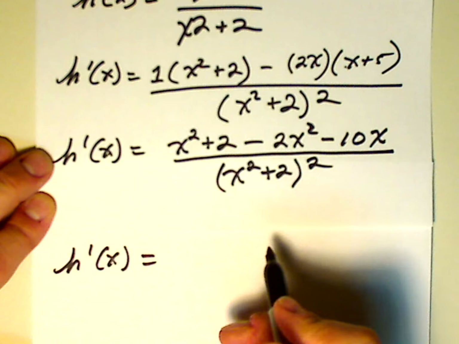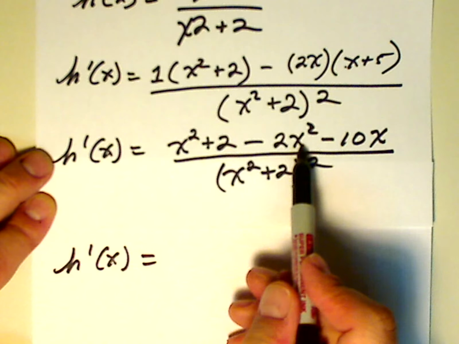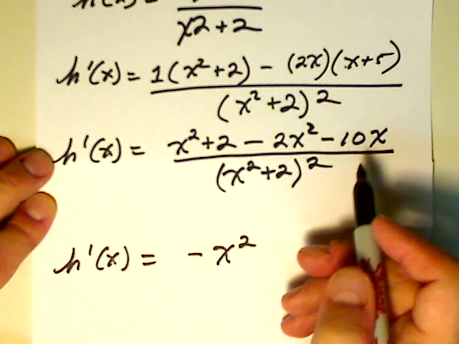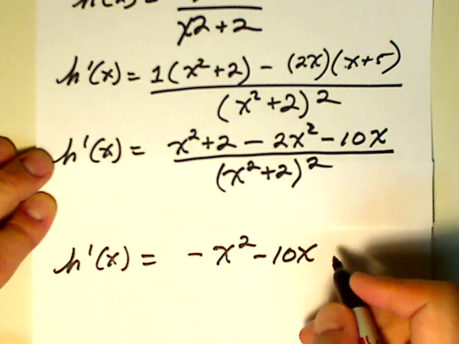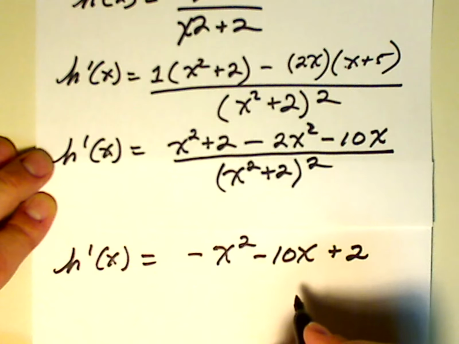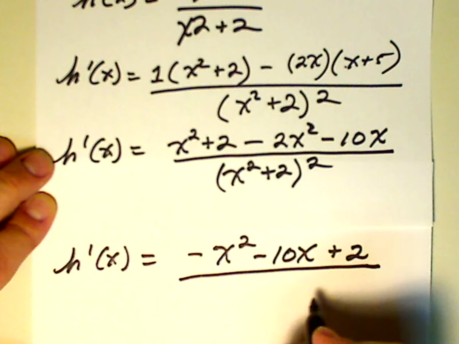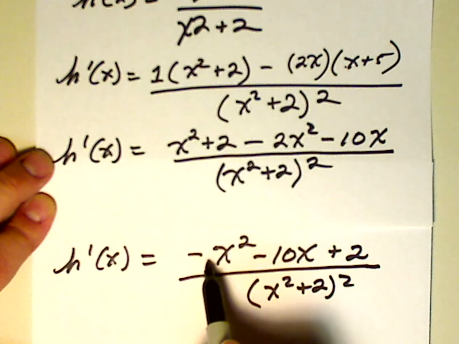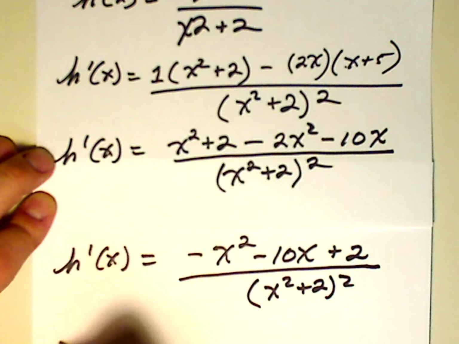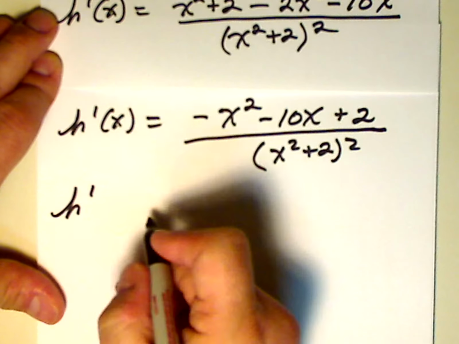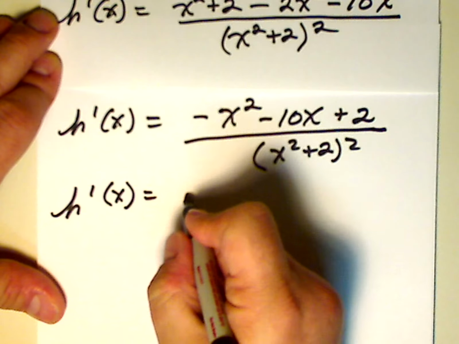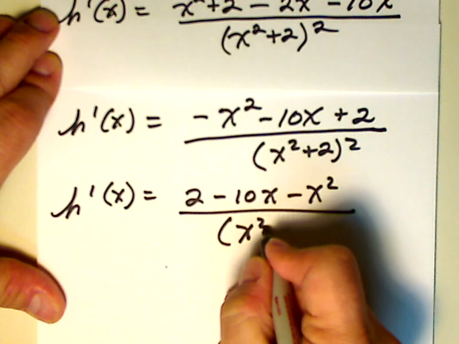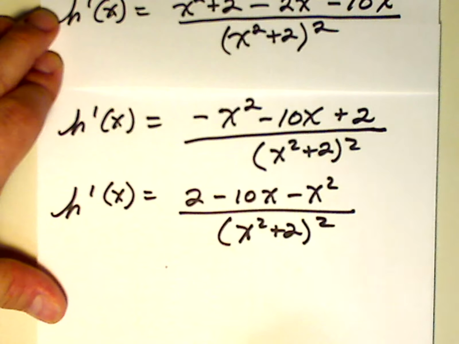h prime of x is equal to x squared minus 2x squared, which is minus 1x squared, minus 10x, plus 2, all over x squared plus 2 squared. And I don't like to lead this off with a negative sign, so I'm just going to rewrite this as h prime x is equal to 2 minus 10x minus x squared over x squared plus 2 squared.